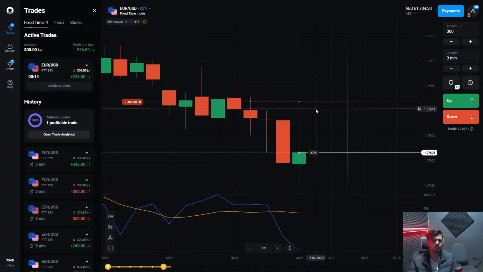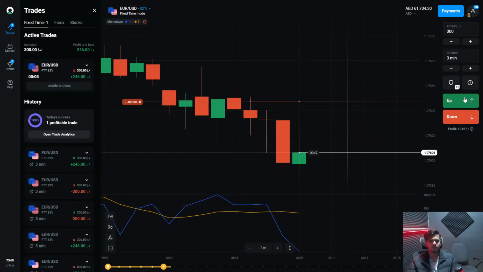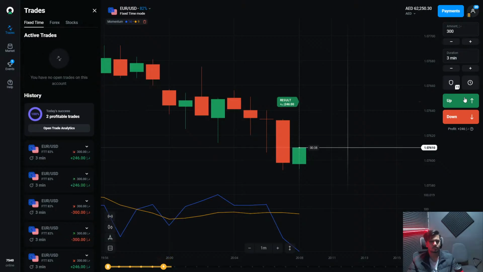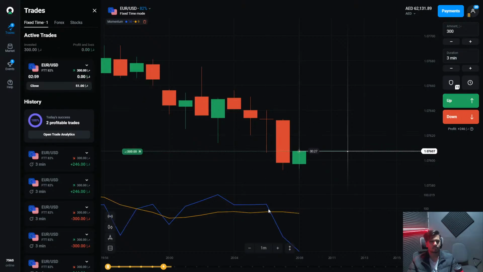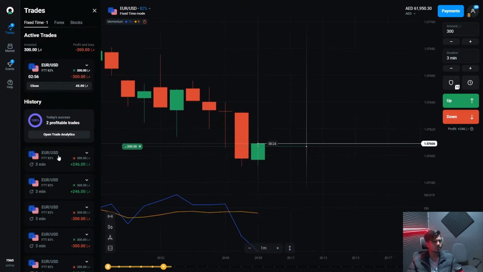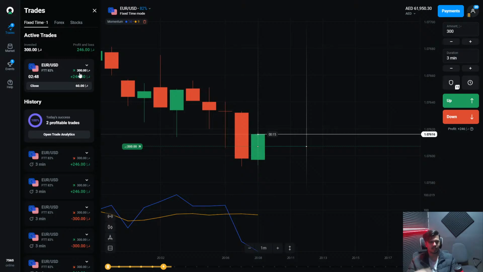I think I have to make a new trade here as it is just moving downward. It's again a new profitable trade here, guys. Guys, see, 2 profitable trades, 100% sure. This third one is also moving in the profitable direction, as I can see.